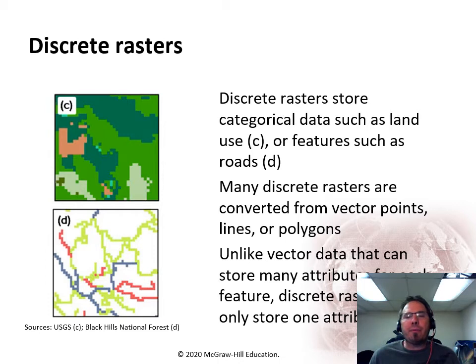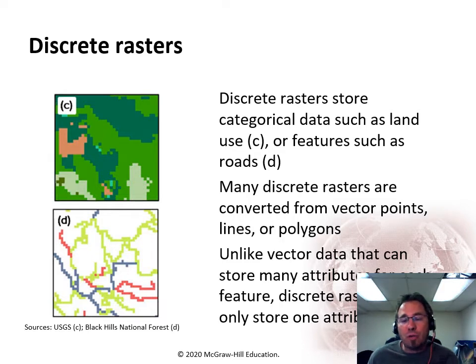A lot of discrete rasters are converted from vectors, points or lines or whatever. And unlike continuous rasters, you can actually have an attribute table as long as you don't have too many different and unique values.